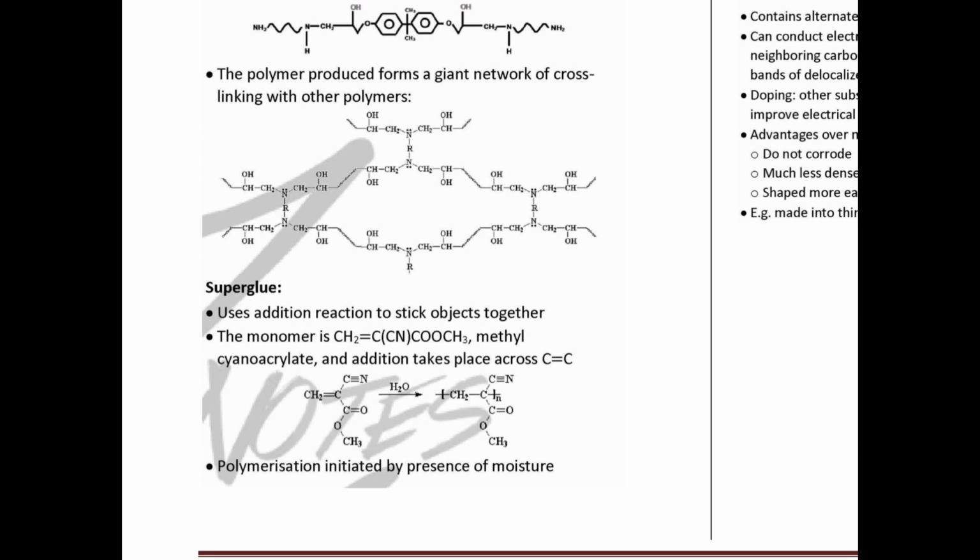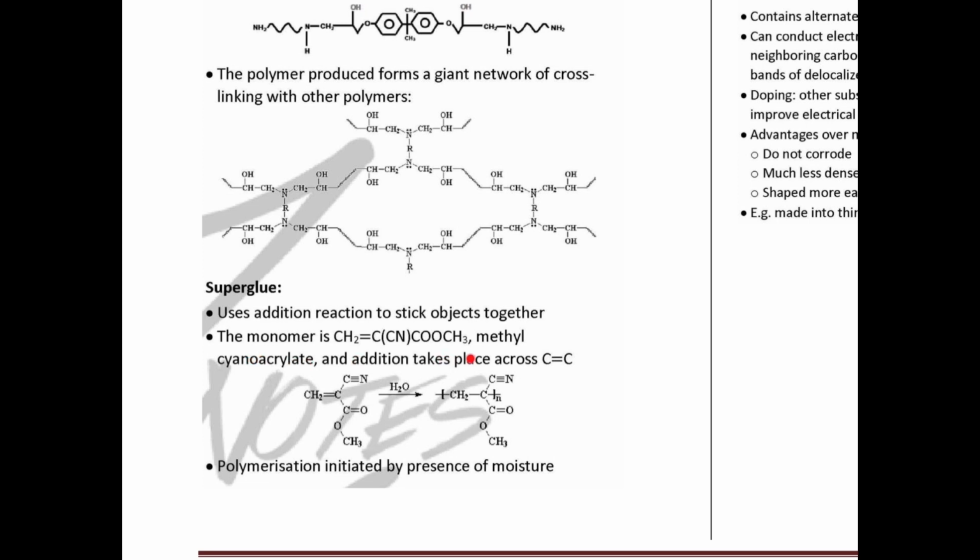Okay, so let's see the information here. The monomer is CH2=C, which is this part, CN is this side, and then the bottom here is COOCH3. So it is known as methyl cyanoacrylate.